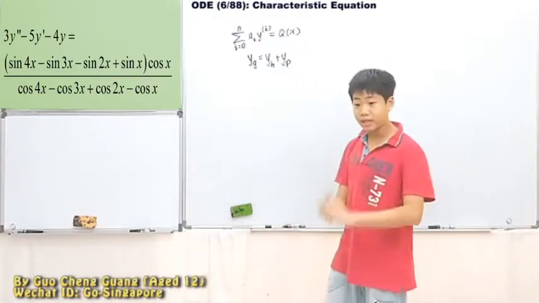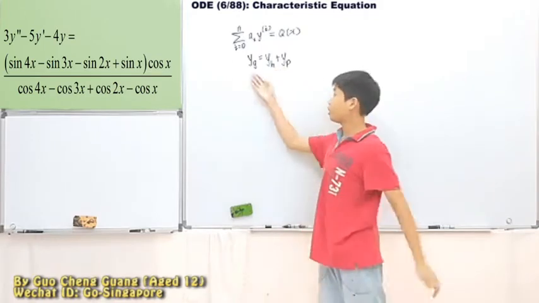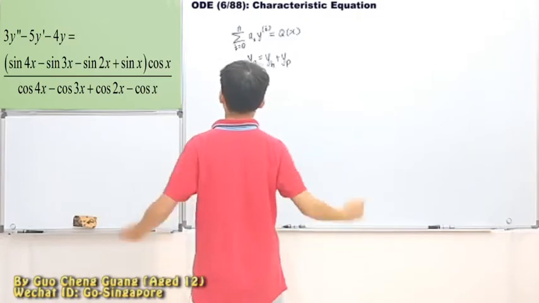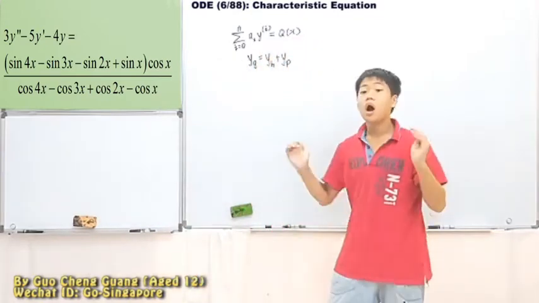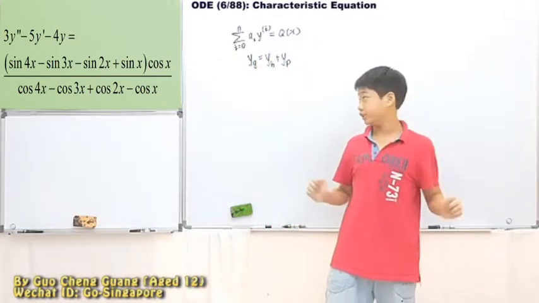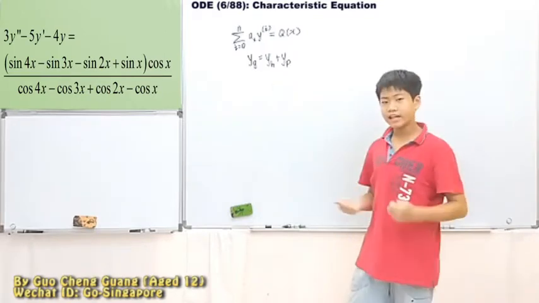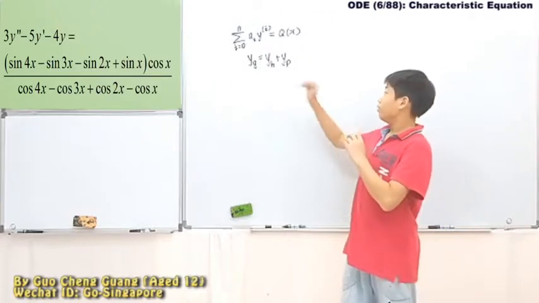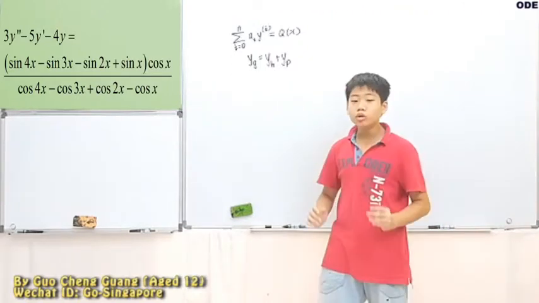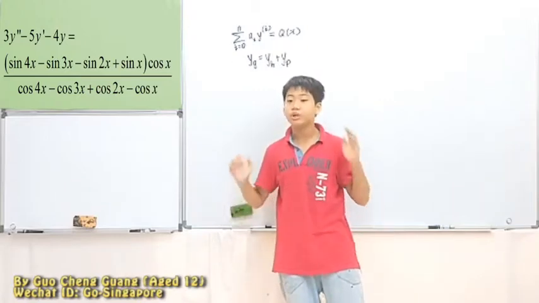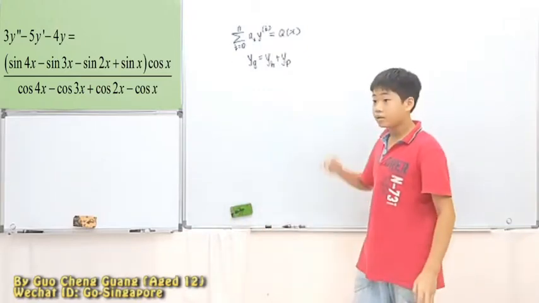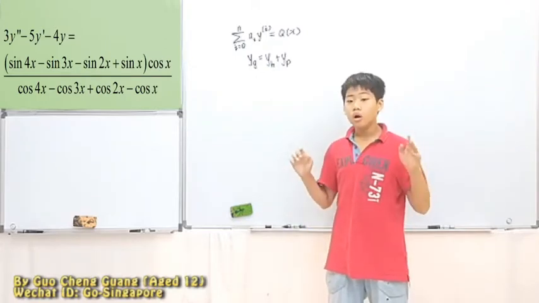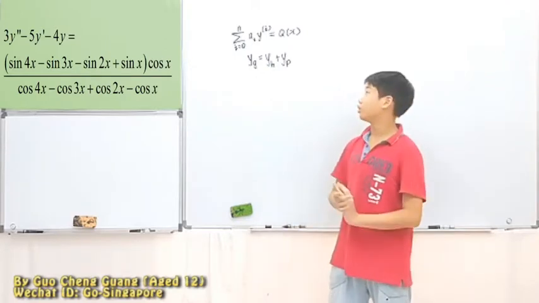Yg is what we want to find, and yg is the general solution for this non-homogeneous ordinary differential equation. Yh is the general solution for a homogeneous ordinary differential equation, and yp will be the particular solution for a non-homogeneous ordinary differential equation.